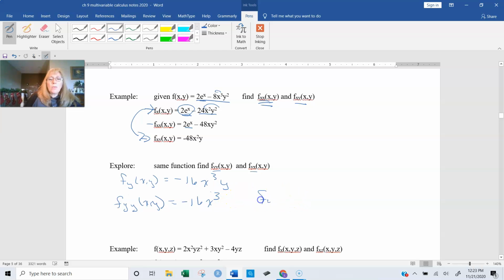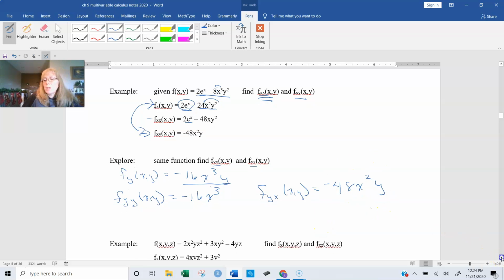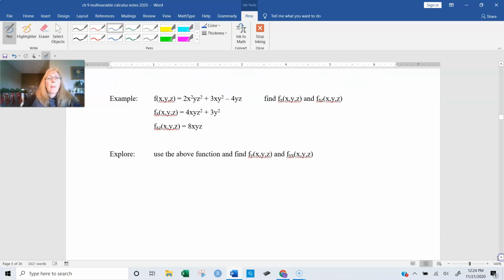Then the f_yx is equal to, so we're doing this guy again, but now with respect to x, well, this time we're going to take 3 times 16, which is a negative 48x squared y. I hope you did well. Those are kind of fun. Just be careful what variable you're using.